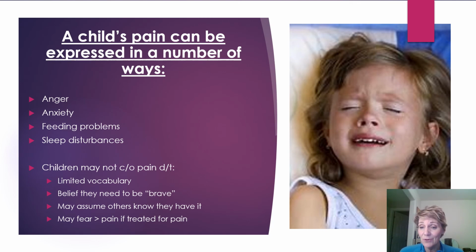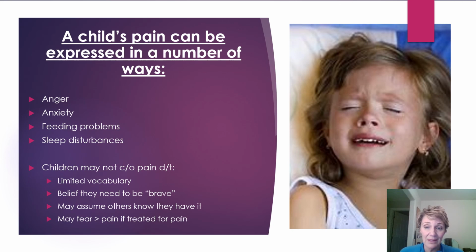So they may not have the right vocabulary to help us understand it. They may believe that they need to be brave. We're going to learn as we learn about more individual age brackets and pain when we talk about this in class, that certain age brackets believe that it's important for them to be brave and to not complain about pain. They should be strong. Many young kids will assume that everybody must know they're in pain, and if nobody's saying anything, then they must have to buck it up and deal with that pain.